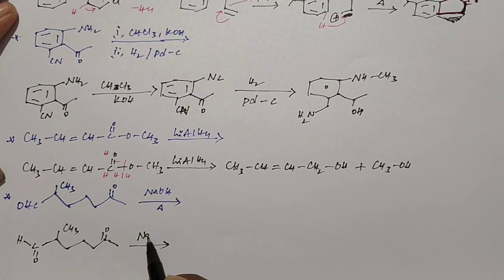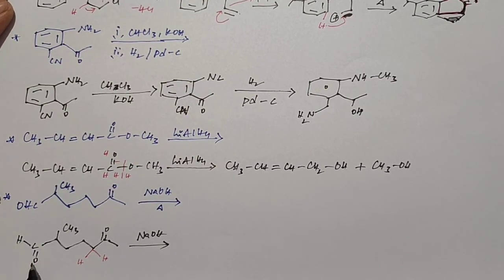When this compound reacts with sodium hydroxide, this is one alpha carbon and this is also one alpha carbon, but we need to use the alpha hydrogens from this carbon. When it reacts with sodium hydroxide, one of these hydrogens shifts towards this oxygen, and this carbon connects to this carbon.